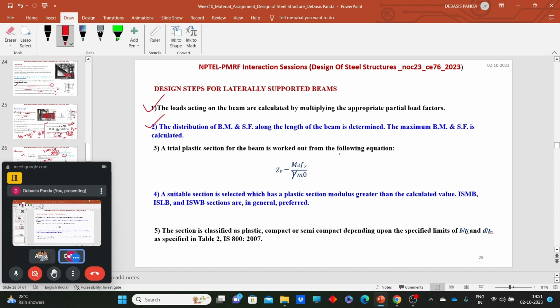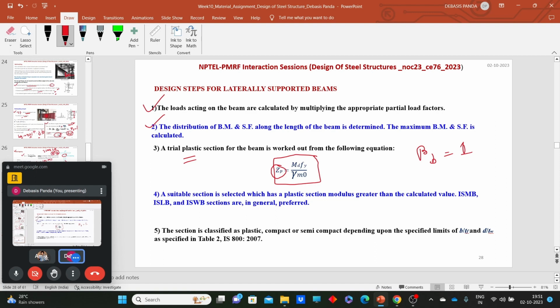Once we have calculated the bending moment and shear force, we first consider that the section is a plastic section. Plastic section means beta B will become 1. Using that, ZP equals MD Fy by gamma M naught, and we can find the required plastic sectional modulus for this beam.